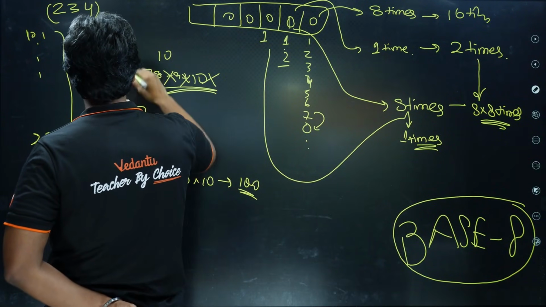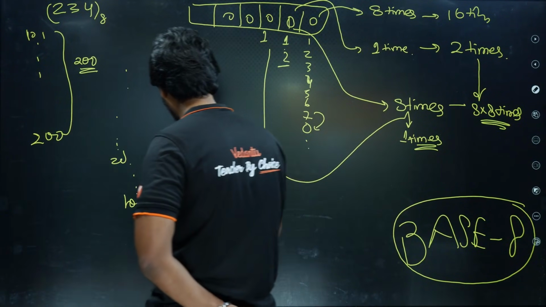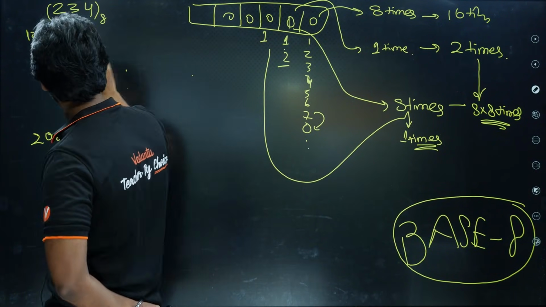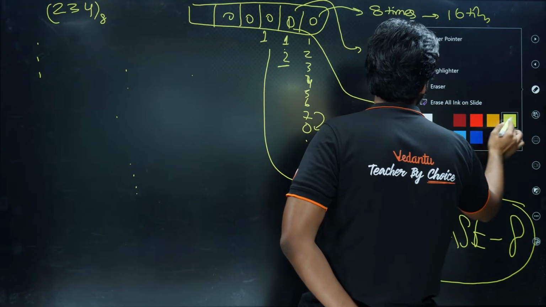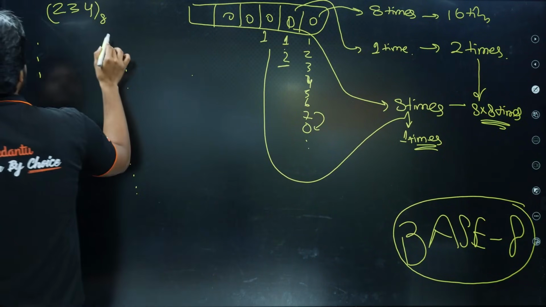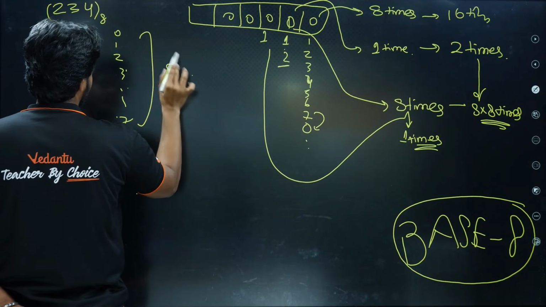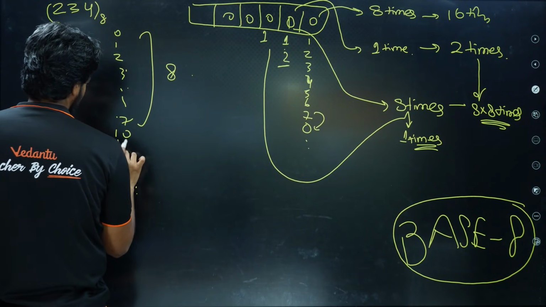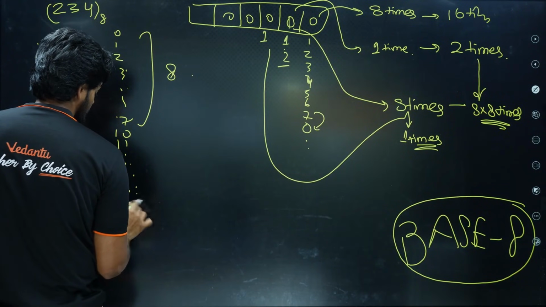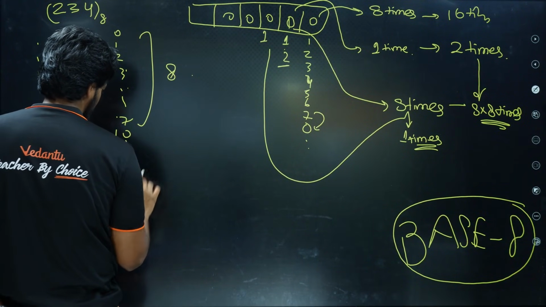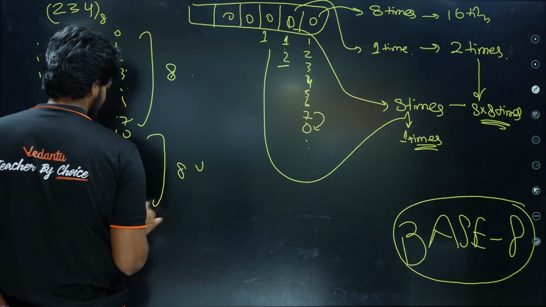We are not taking 10 times 10 times because that is base 10. Now we are not in base 10, we are in base 8. We should not forget that. So what happens? 0, 1, 2, 3 till 7, 8 characters. 10, 11 till 17 and 20. So it is 17 and 20. This is another 8 characters.